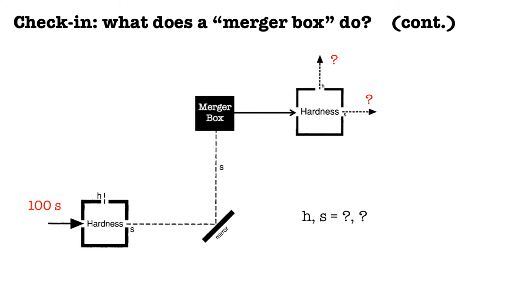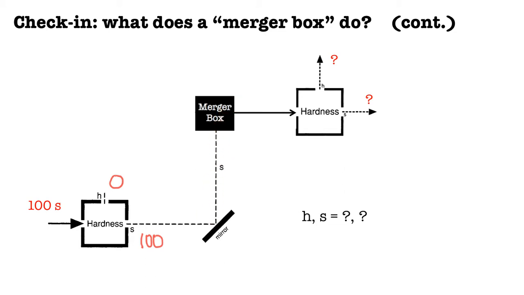They don't change its hardness state, and don't change its color state. And just to be really explicit and clear here, we can ask the same about the merger box for soft electrons, which take the lower path. If we shoot 100 soft electrons into this apparatus, none of them will exit the H port. All of them will exit the S port. They will reflect off of the mirror and travel upwards into the merger box.